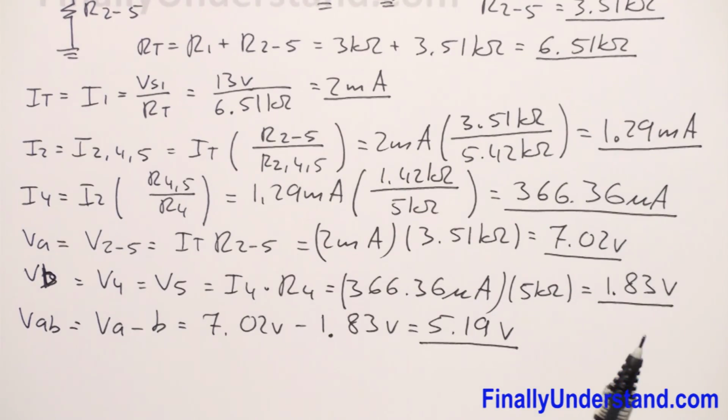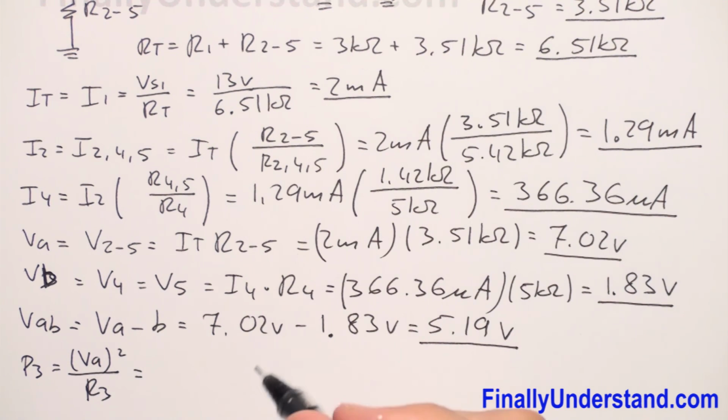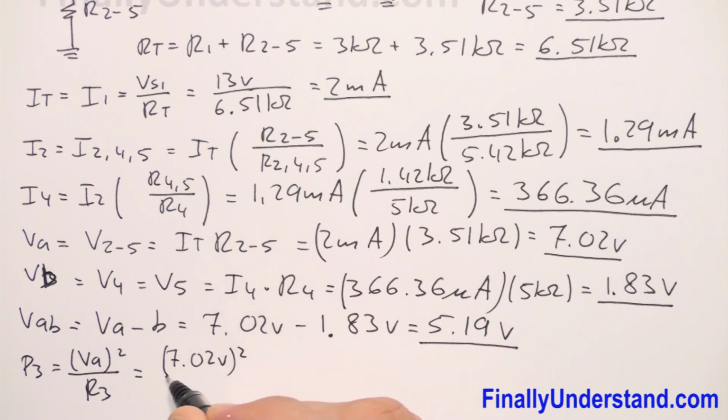So in order to find P3, I'm going to use the following formula. This is nothing else, just VA to the second power over R3. So we have VA equal to 7.02 volts, to the second power, over R3, which is equal to 10 kilo ohms.